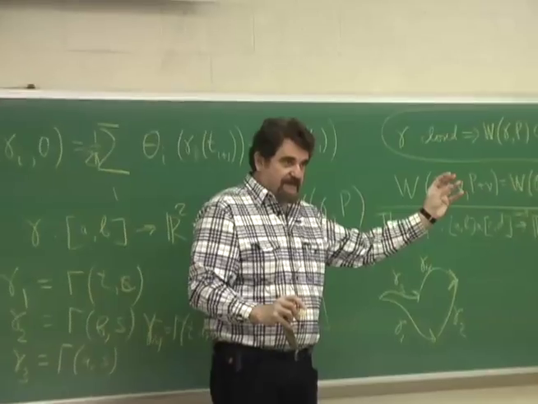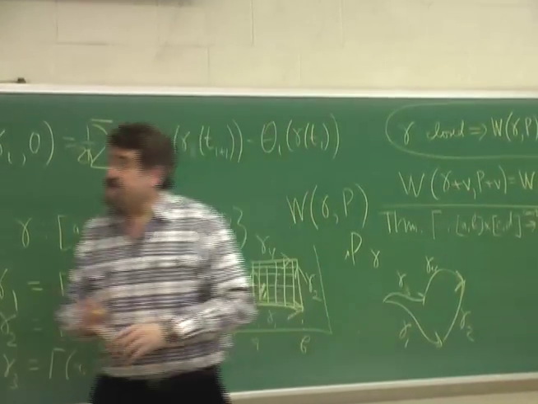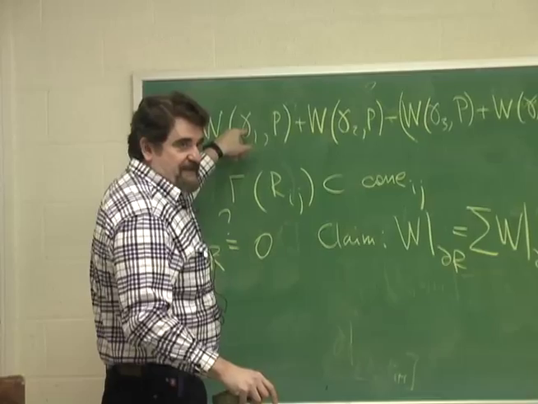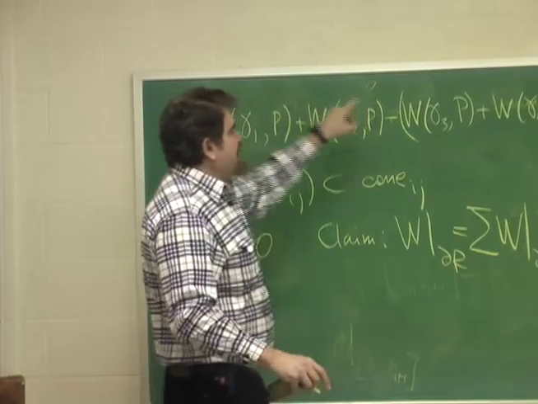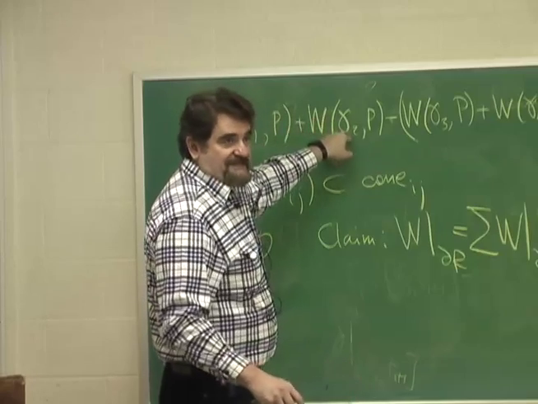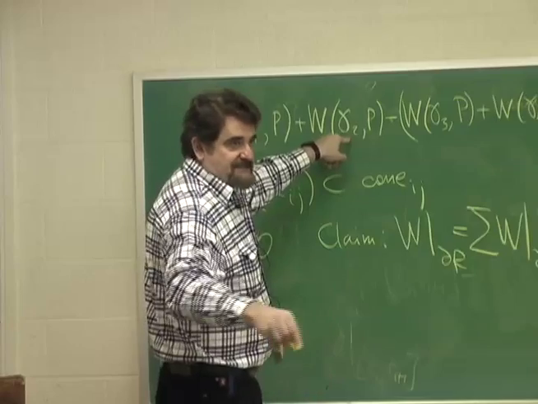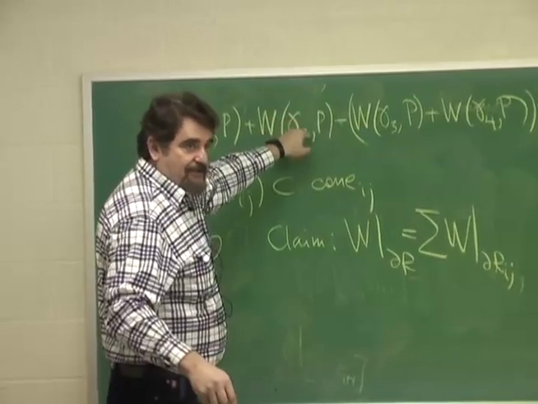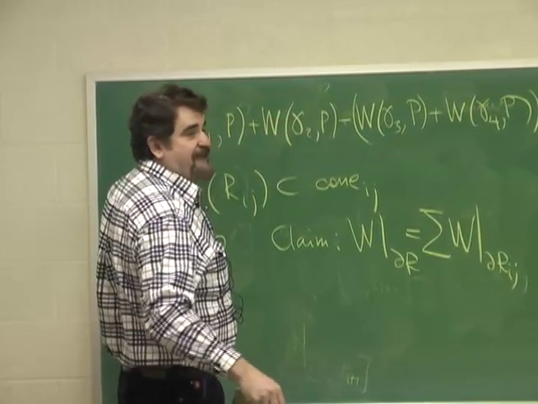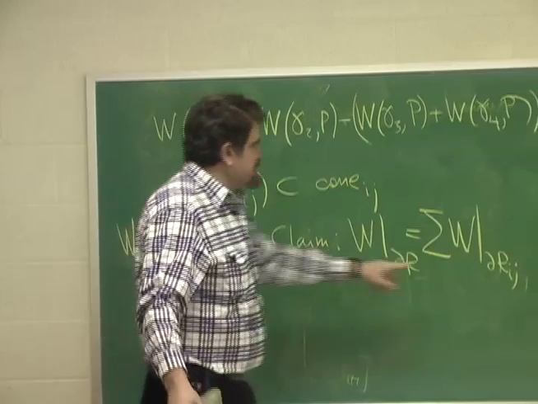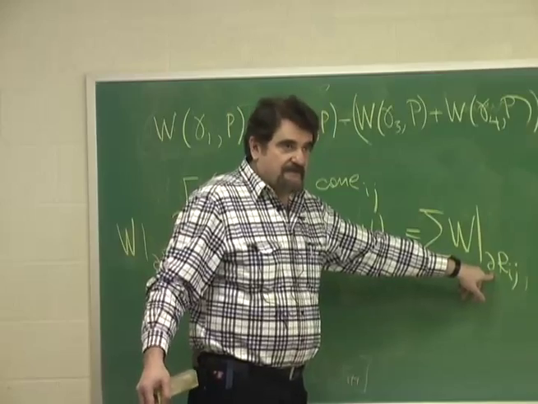Is within a cone. So what is this for a small rectangle? This is the angle of the end minus the angle of the beginning, plus the angle of the end minus the angle of the beginning, but the end of this is the beginning of this. So they cancel out. It will be the angle of the end of gamma 2 minus the angle of the beginning of gamma 1, which are very well defined for a small rectangle, and that's it.